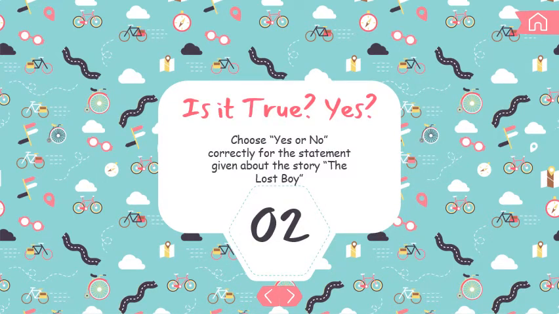Okay, now let's go to our main event. Is it true? For this part, you have to choose yes or no correctly for the statements given about the story The Lost Boy. This activity, you will have to do it on Wordwall, okay?